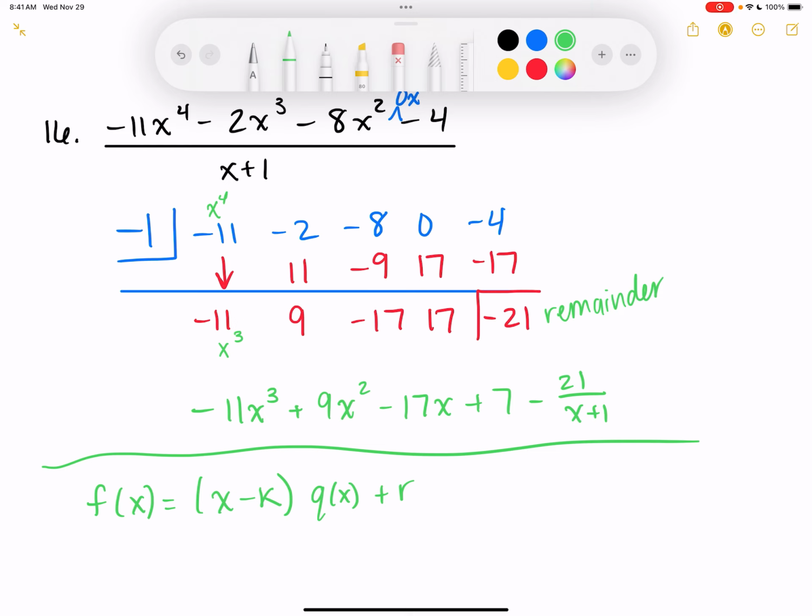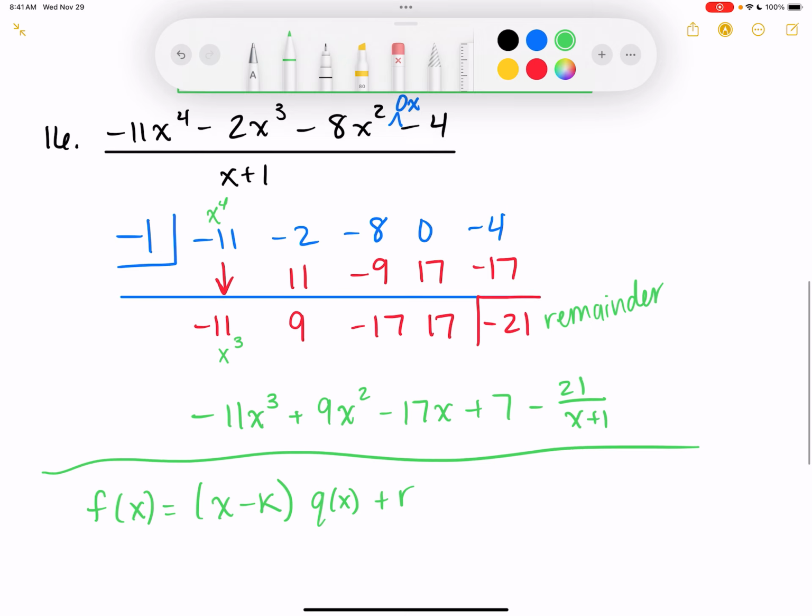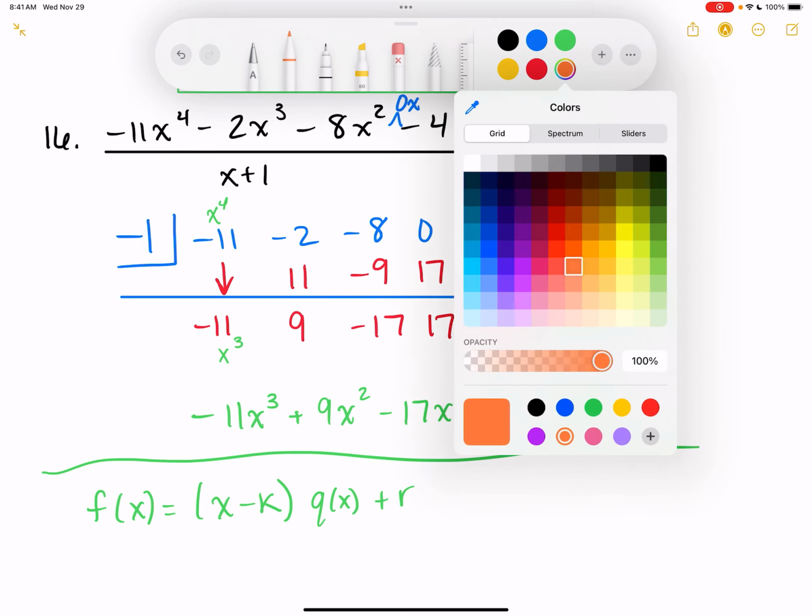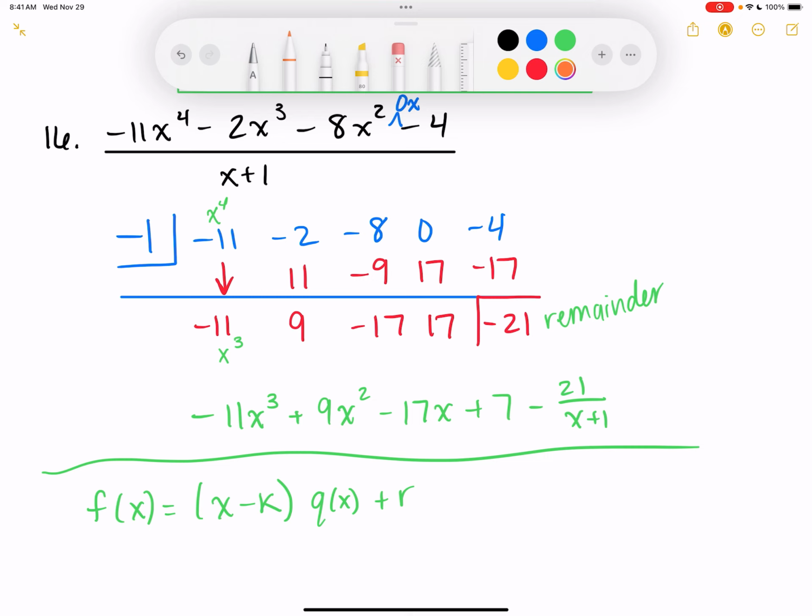So just for reference, looking back at number 16, the number that goes in this box right here is k. So if the problem said k is equal to negative 1, we write that in exactly. But then we change the sign when we put it back up here, which is the x minus k general form, but it can be x plus k, obviously.